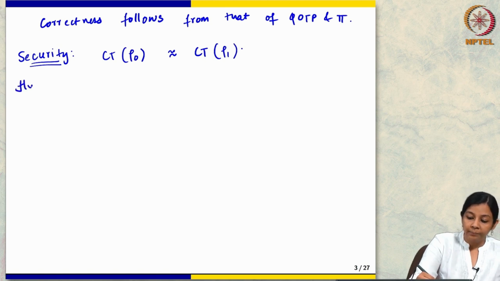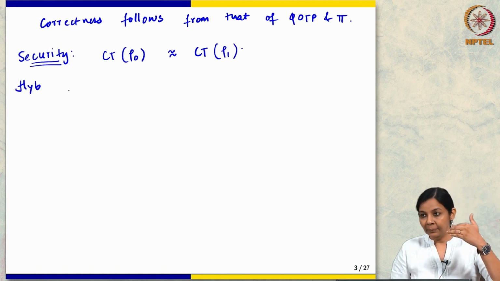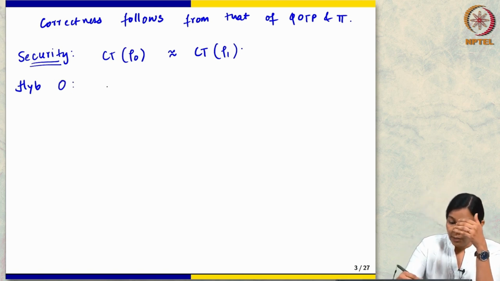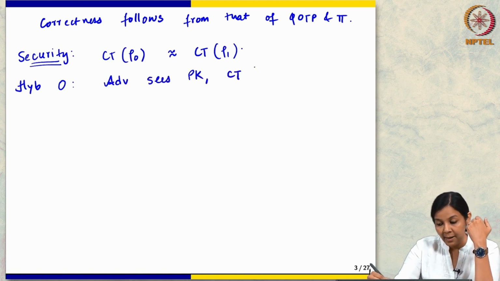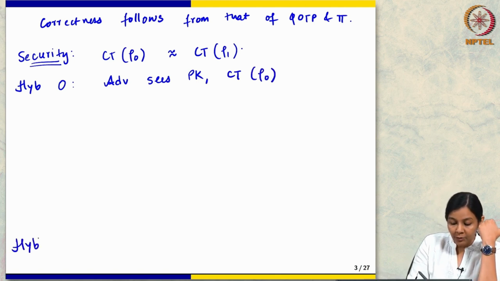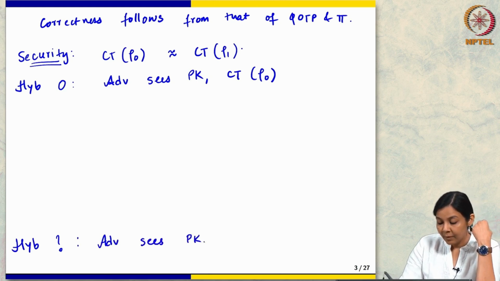So, as usual, let us try to go step by step. The first step which we call hybrid 0, is where the adversary sees PK and CT of rho 0, and I want to get to some hybrid, whatever, where the adversary sees PK and CT of rho 1.